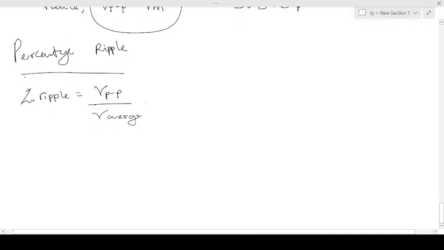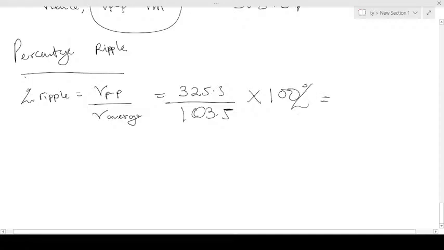Our V peak to peak was 325.3, and our V average was 103.5. Now we multiply this times 100%, and this will give us 314%.